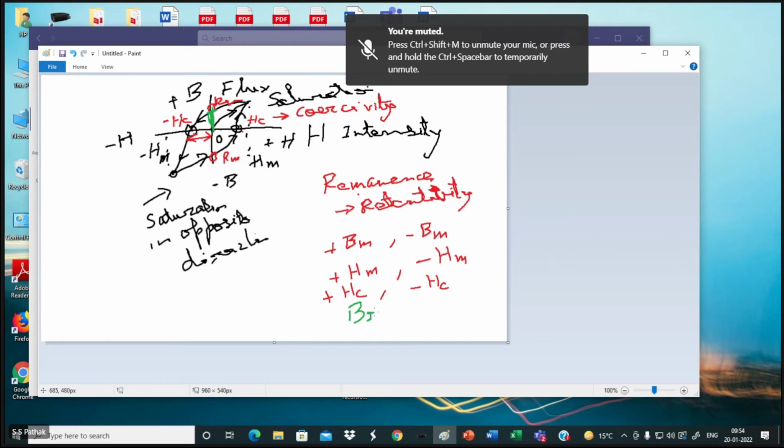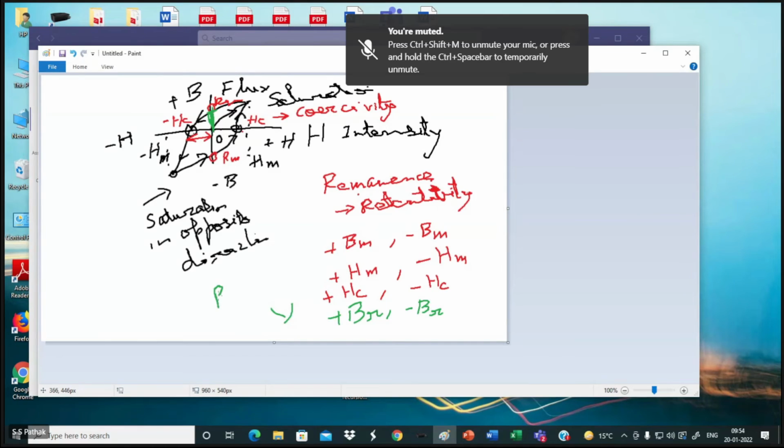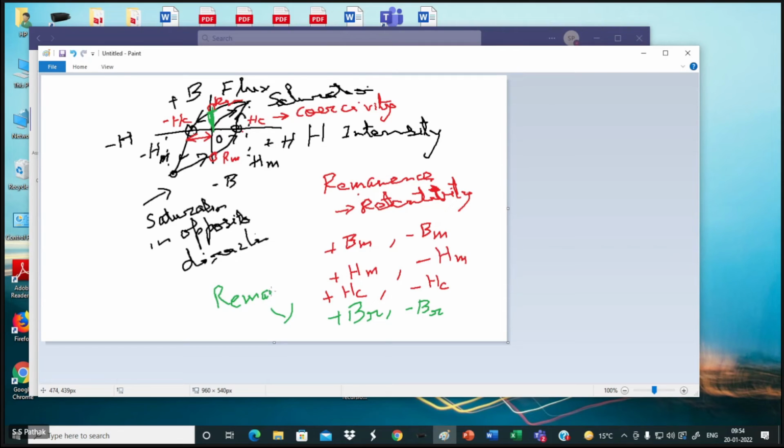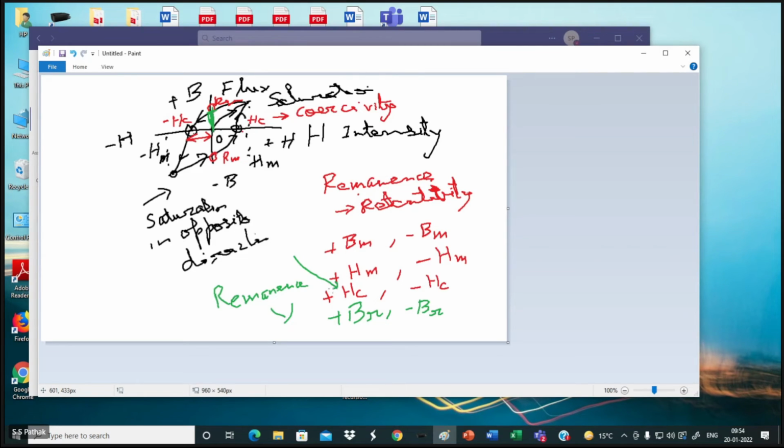So Br will be positive, and there can be Br as negative. I'm not putting this as a matter of the coursework, I have just given you this idea. Br we call remanence. Br is your remanence, and Hc is called coercivity.